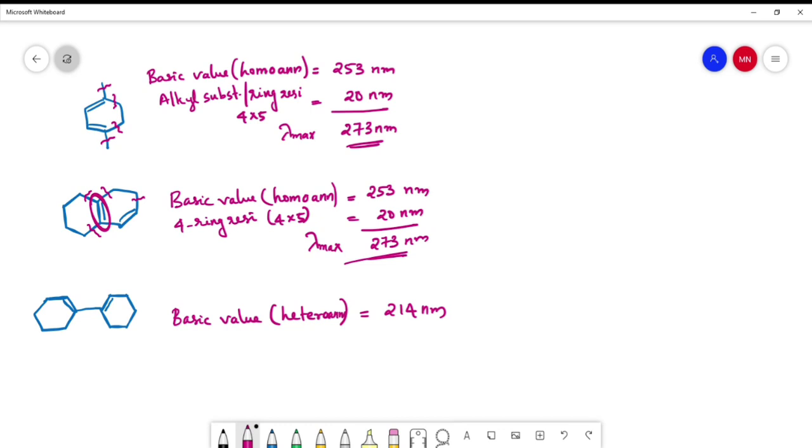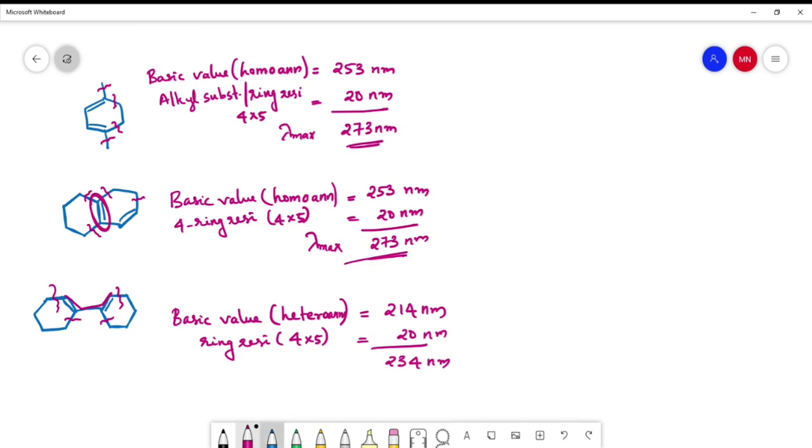Now we will be looking into ring residues. From here to here we will be considering. So one ring residue over here, second one over here, third one over here, fourth one over here. So ring residues is equal to 4 into 5 nanometer is equal to 20 nanometer. So you will be getting 234 nanometer for this particular compound.